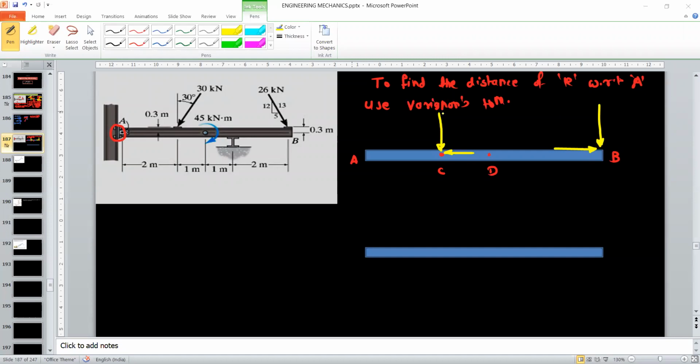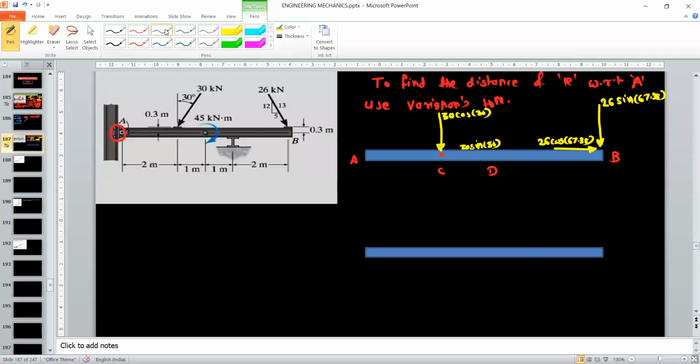So this value is 30 cos 30 and this is 30 sin 30. You can refer the original diagram, no need to draw it again. Then this value is 26 sin 67.38 and this is 26 cos 67.38.